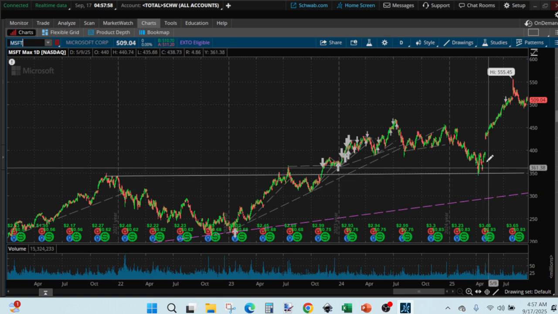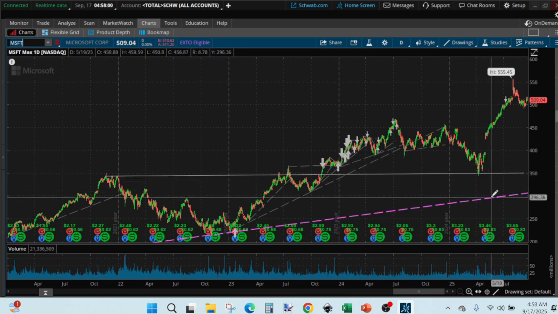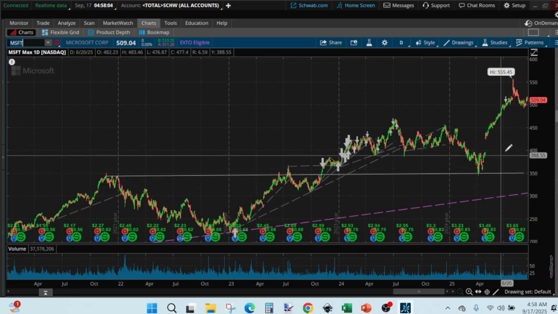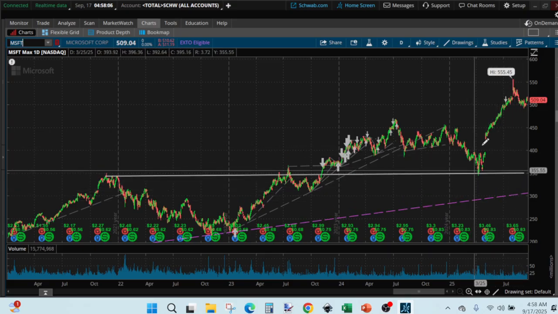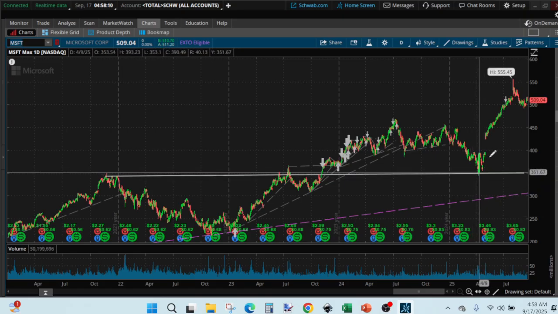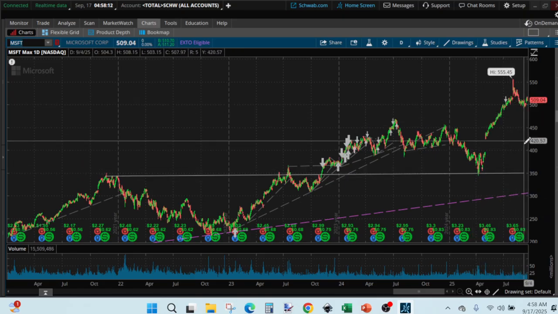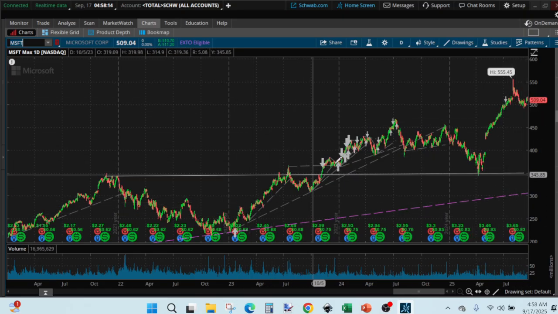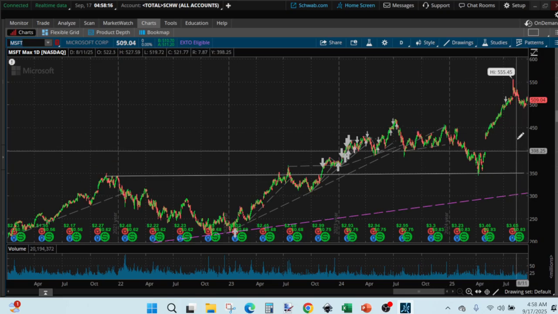So again, it didn't really come down to the support line here before taking off. So I don't really know if this is going to be the valid line for this climb, or if it's just not done with this cycle yet.